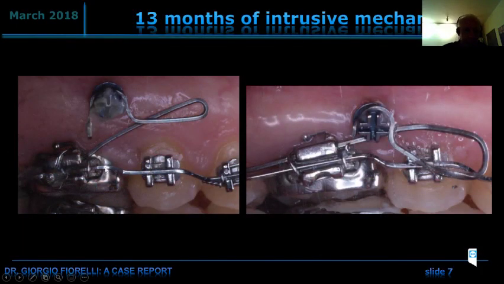At the beginning there was this space, and now there is not. Someone can think, okay, the TAD has moved, but this is not. You see the border between the attached gingiva and the mucosa is still here. So these teeth have been intruded so much.